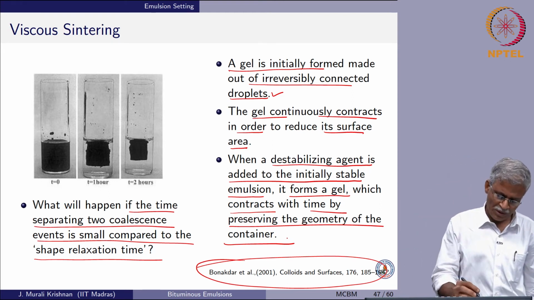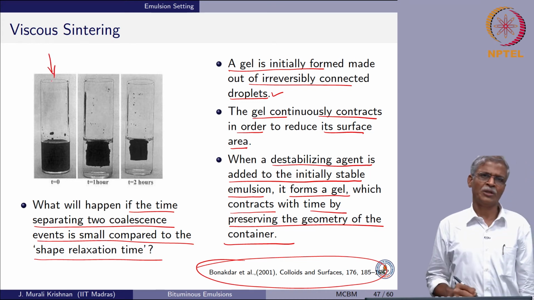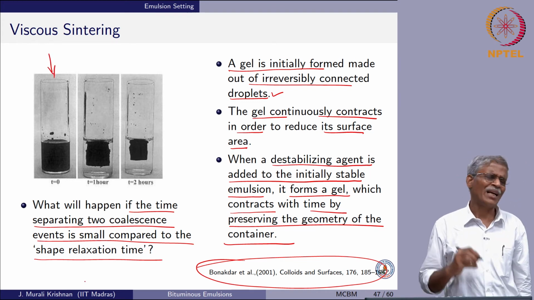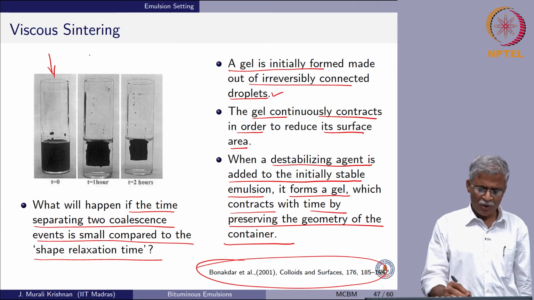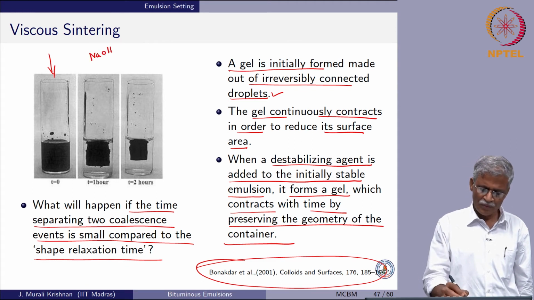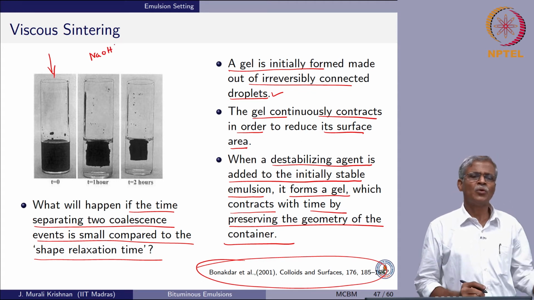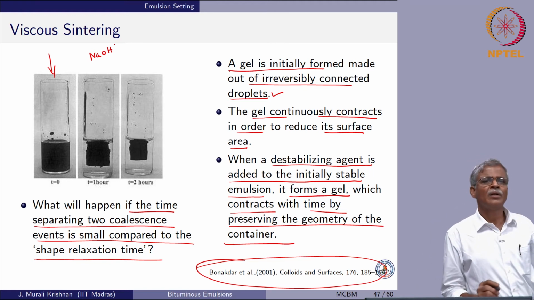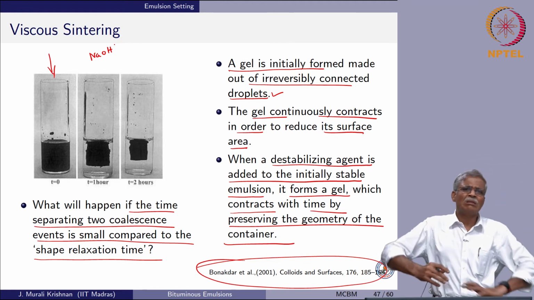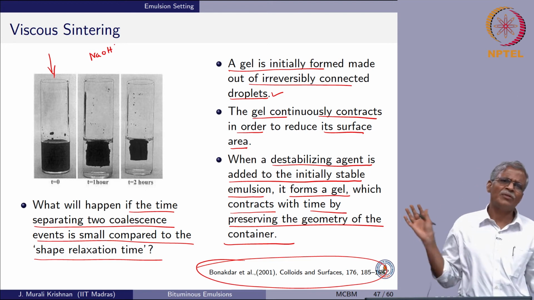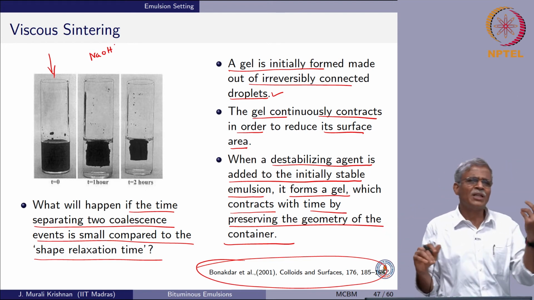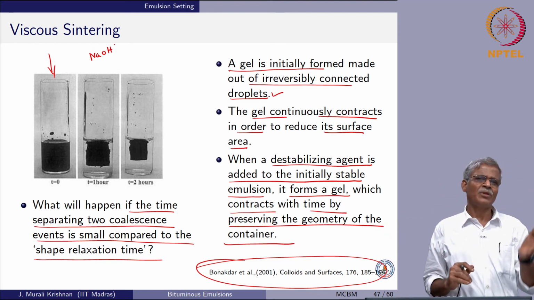Okay. So, what it means, let us take an emulsion here, a cationic emulsion. What you do is you add anionic, so you chemically break it. When you chemically break it, what happens? The gel immediately forms, coalescence happens really fast, but the shape relaxation is not happening that fast.